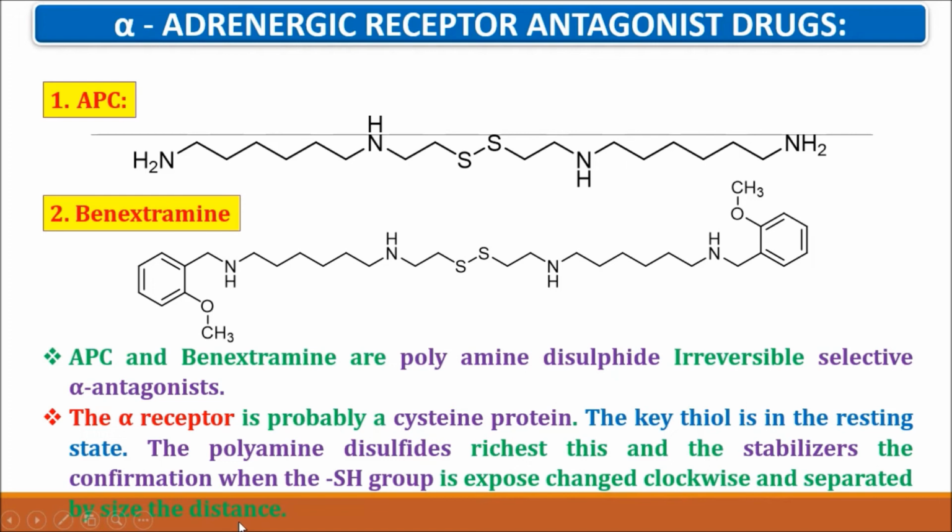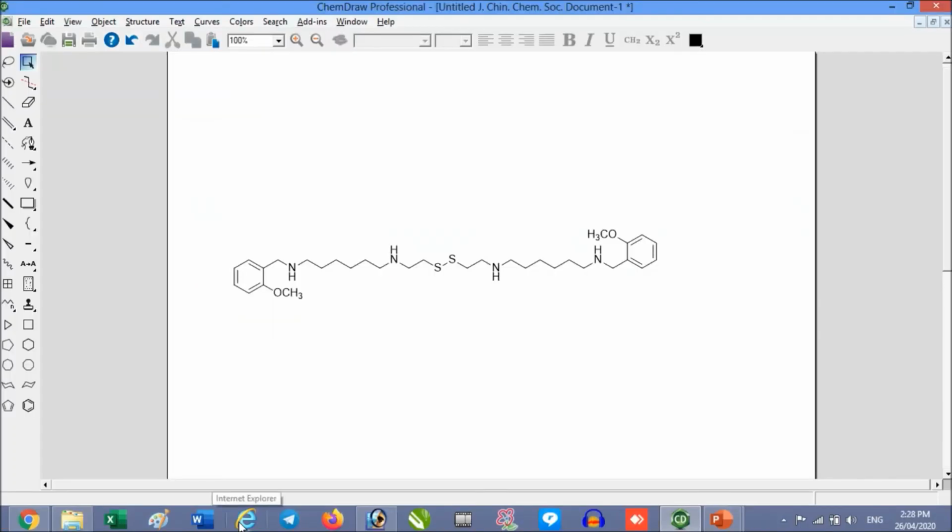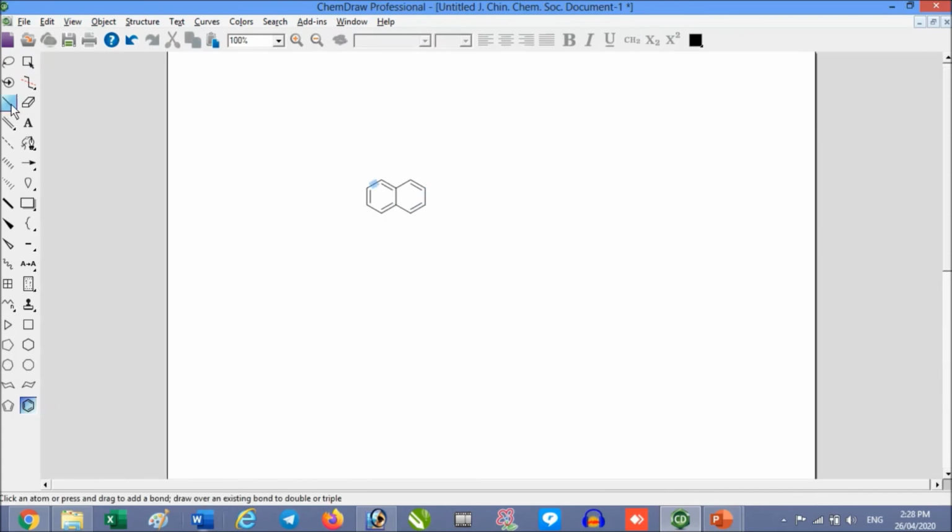Now the next compound is terazosin. What is the structure of terazosin? Let's see. To write terazosin, take the benzene, and after the benzene there is an N and N. This is called pyrimidine. Benzene is fused to pyrimidine.